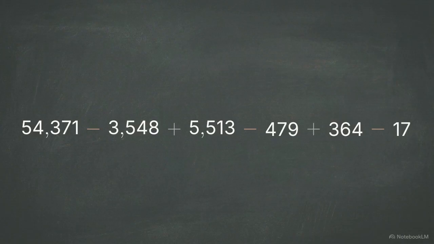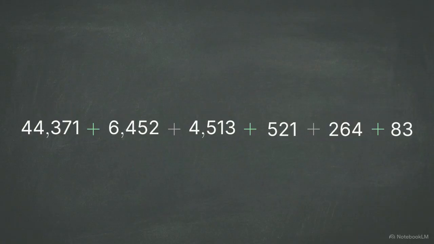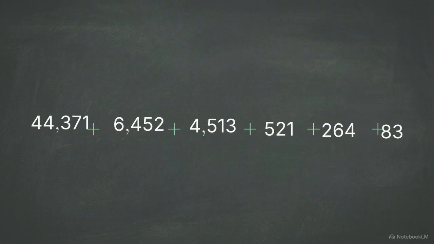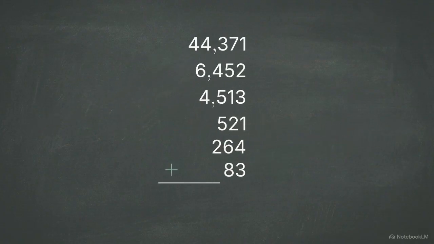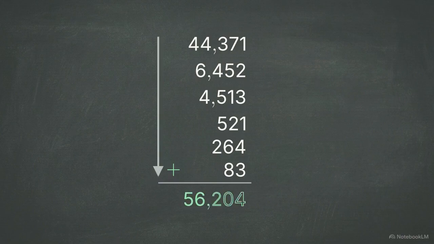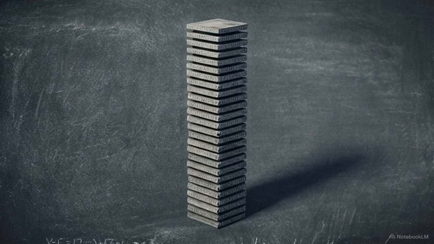Every minus sign becomes a plus sign, and every subtrahend morphs into its complement. Standardizing the dataset entirely into addition removes the need for mode switching. The horizontal string rearranges into a single vertical stack. You calculate downward once, and the problem resolves to 56,204. Standardizing operations into a single type allows an algorithm to scale without increasing the complexity of the core task.